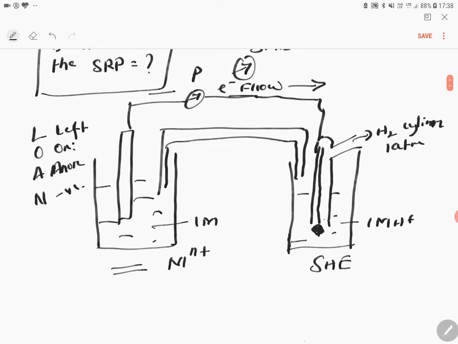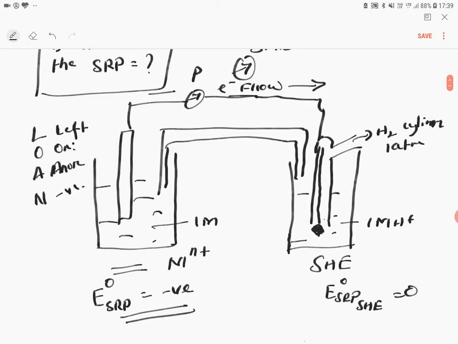That means the E naught SRP is having a negative value, but E naught SRP of SHE is always 0. Now by this method you came to know that this particular metal is having a negative SRP.